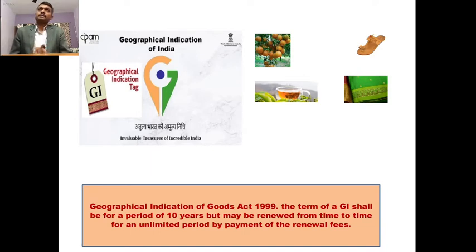The biggest advantage of geographical indication is that it gives a lot of boost to the farmers, it gives a lot of boost to the commerce and trade involved, and also gives a sense of protection and security to the farmers or manufacturers involved in producing a geographical indication product.